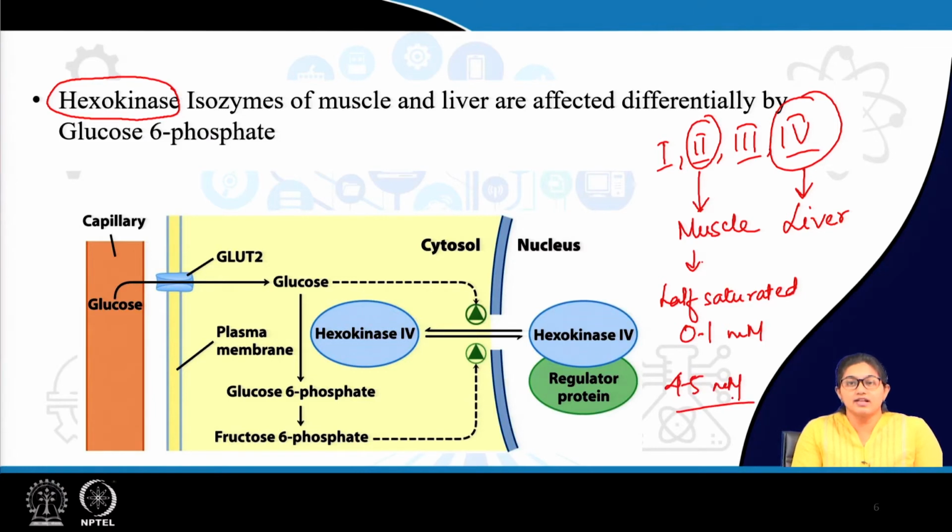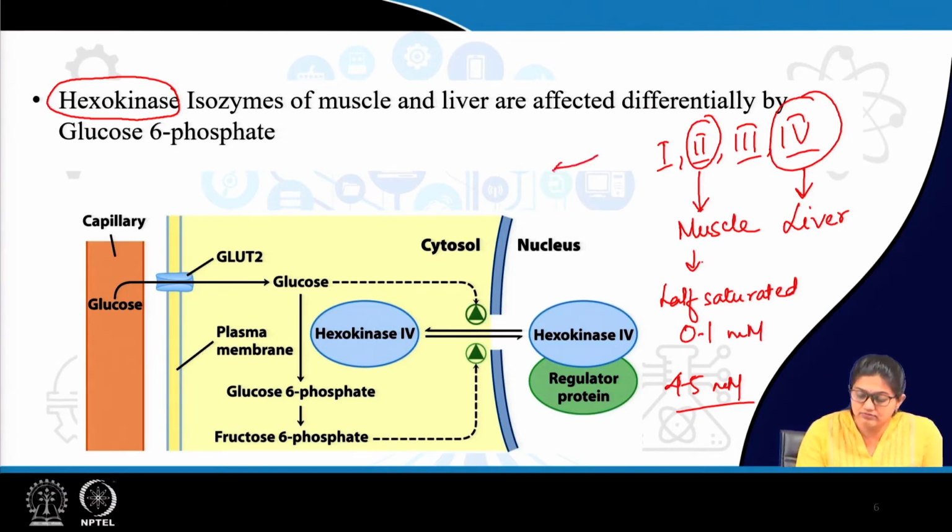So, basically hexokinase 2 can easily be saturated with the available blood glucose level. So, it can achieve the maximum velocity and form glucose 6-phosphate from glucose at maximum rate.